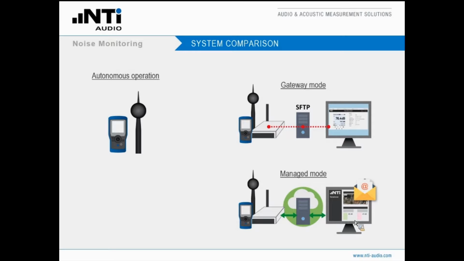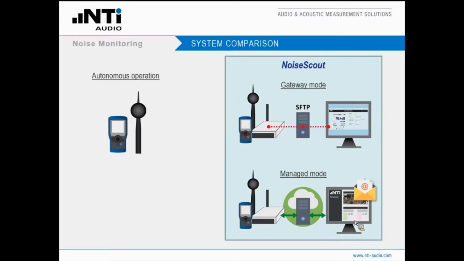You do not have to worry about the setup about, for instance, if the levels that you are monitoring would exceed a threshold. In that case, you receive automatically an email which alerts you that something has happened and it's worth looking into the system. So these 2 solutions, the gateway mode and the managed mode together, is what we call the Noise Scout system. You have the choice between these 2 of them.